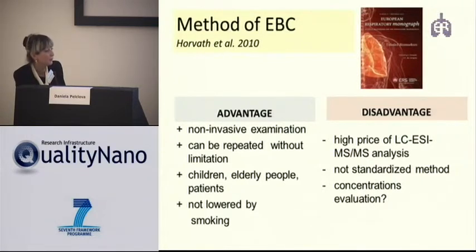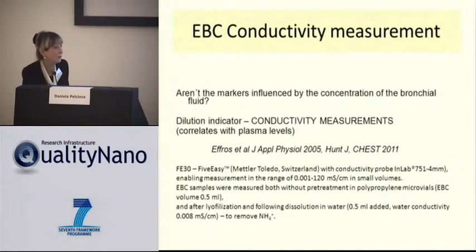The disadvantage is, to be very exact, the high price of the analysis, because really trace amounts of the agents are analyzed. It is not considered a standard method. It's a research method till now. There are some questions about the concentration evaluation, because there is nothing like creatinine in urine to compare with such an agent.